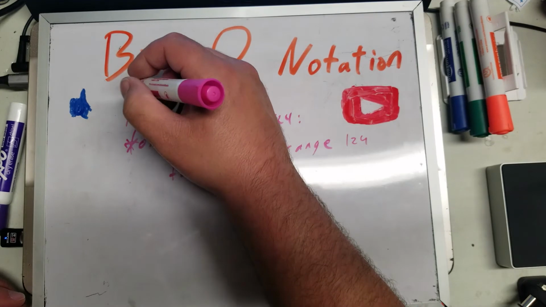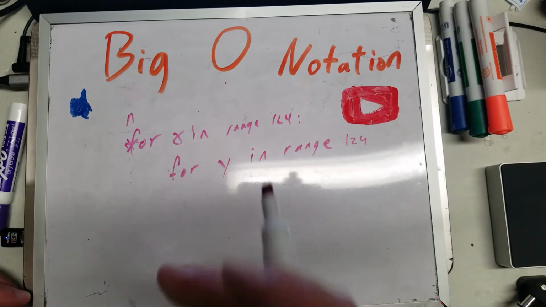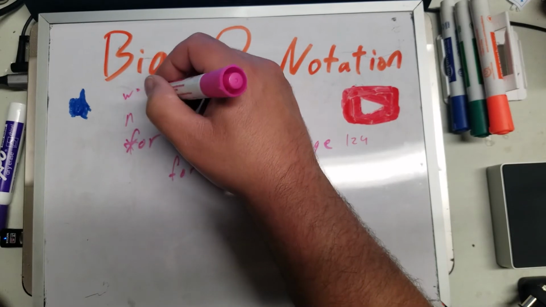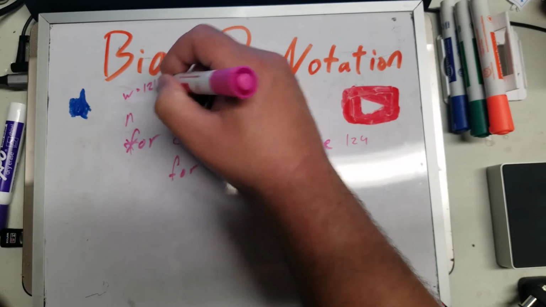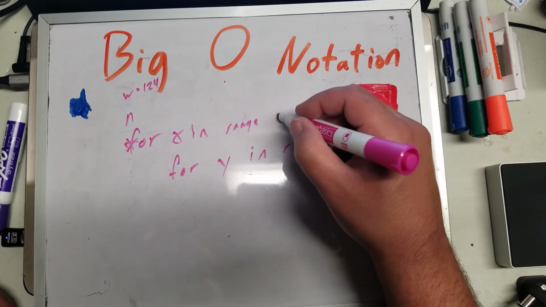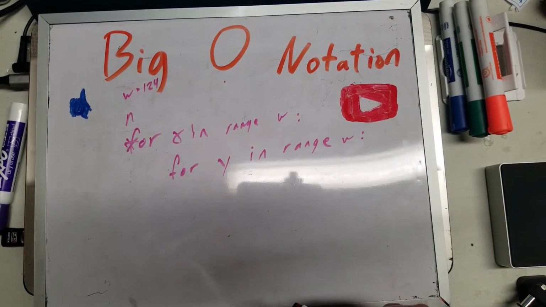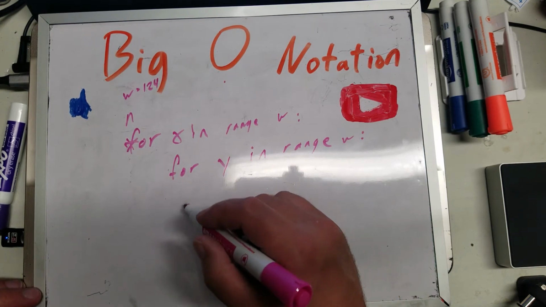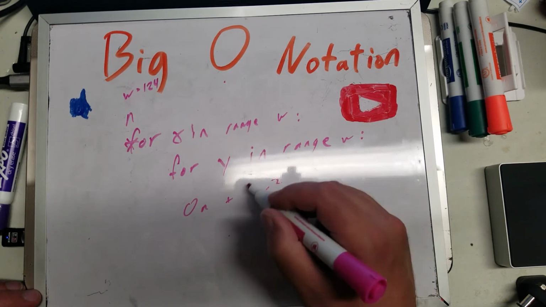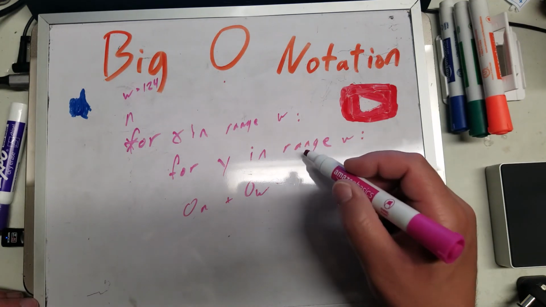Why don't we put in W? W equals 124, and then you can go, okay, in range W. I just feel more comfortable doing that for some reason. Then you can do the operation N plus W, operation W squared, because now you're going into this range, into this range.